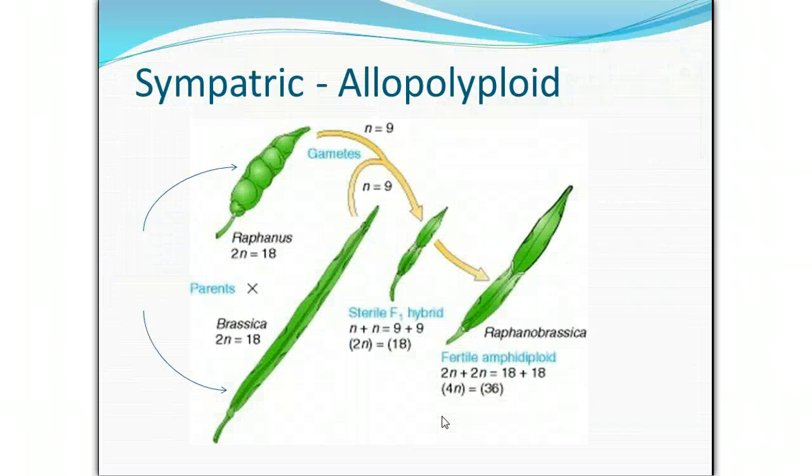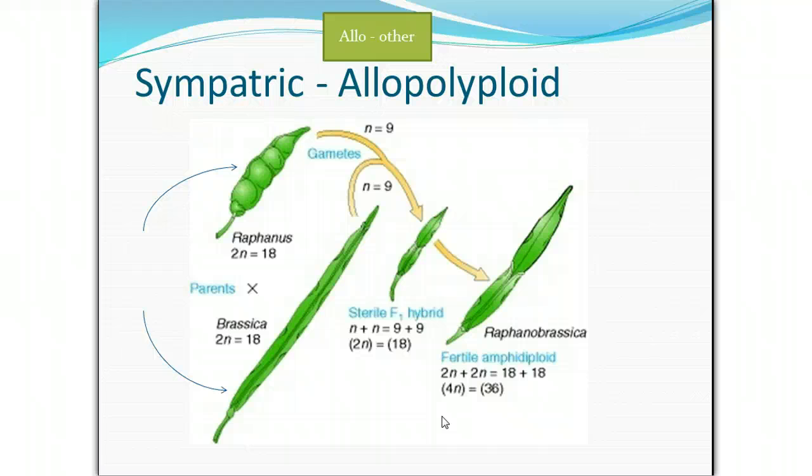There's another ploidy mechanism for sympatric speciation in plants called allopolyploidy. So let's go through this. The difference between polyploidy and allopolyploidy is that allo means other. So in the one example that I just did, it's the same plant, right?